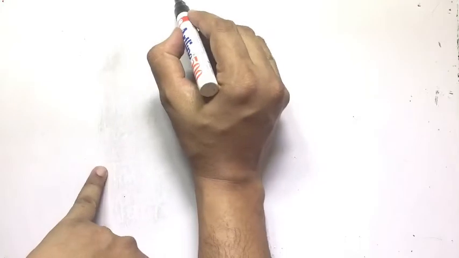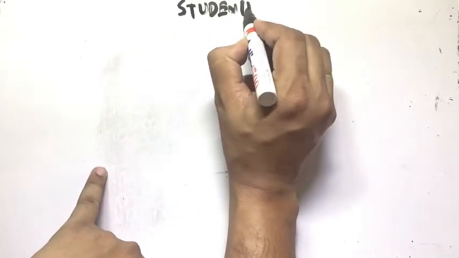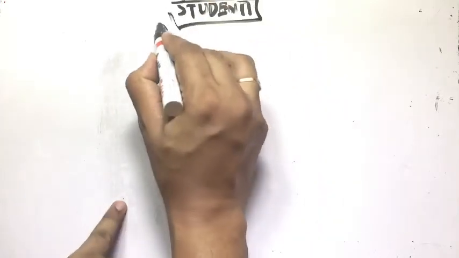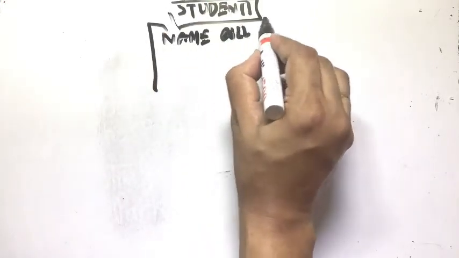Let us consider a common example through which we can display all three operators, that is union, intersection and set difference. Suppose this is the student table. The name of the table is student 1, which consists of name, roll and marks.